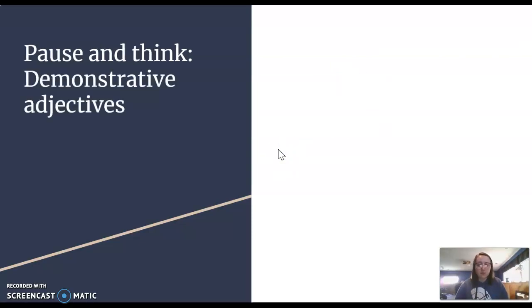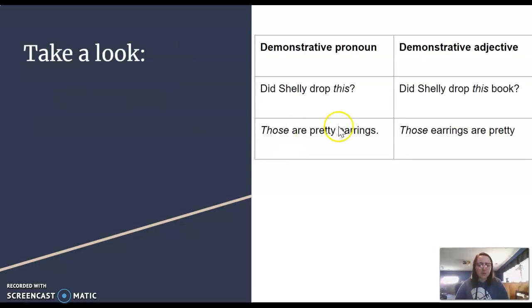Those are pretty earrings. So those, our pronoun, is coming before are, which is our verb. Those is not modifying earrings. We're not saying those earrings, we're saying those are. You have to watch for that difference. So it's really important to think back to the verbs unit and make sure that you know what a verb is too. So that'll be really helpful to you.